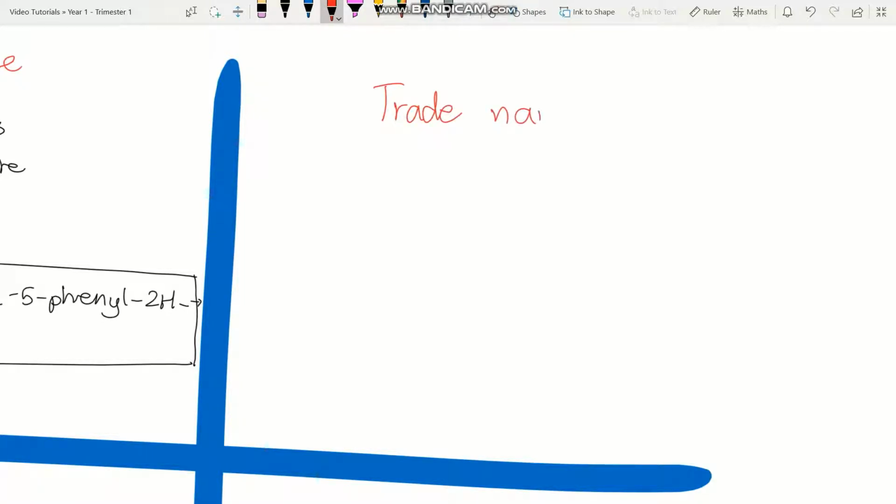Now this is the name that most people will know about because it's the name that the pharmacological company that sells the drug uses. So it's the name given to the drug by the organization that sells it. And it may be given to allow for the drug to be remembered more easily.